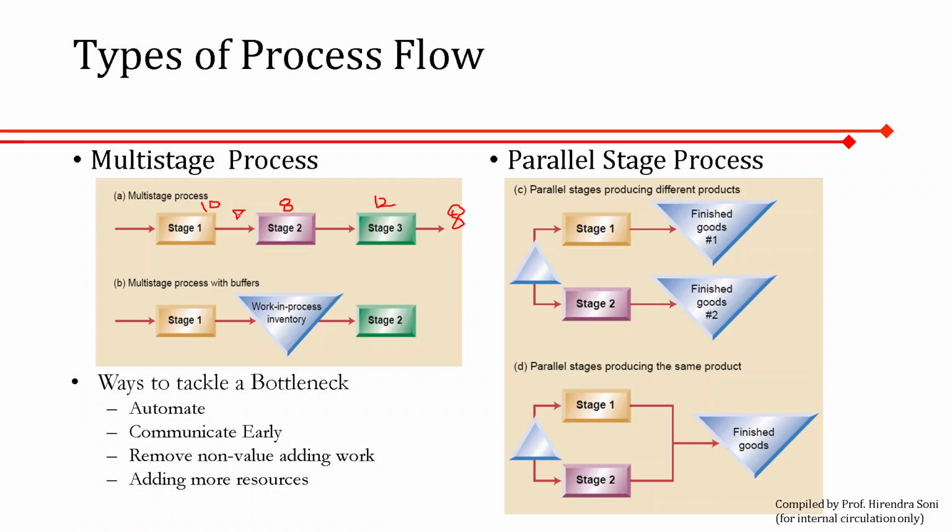Okay. So that's called a bottleneck. This is what we were actually referring to, which I have created here. A multi-stage process with buffer. So you actually end up creating a buffer. And then to balance it, what we do is we run this first stage for 4 minutes, then wait for 1 minute.